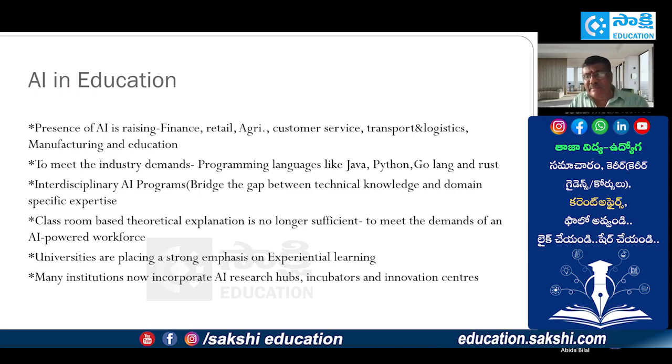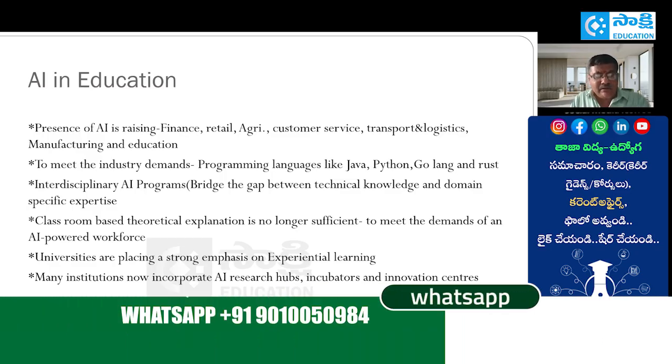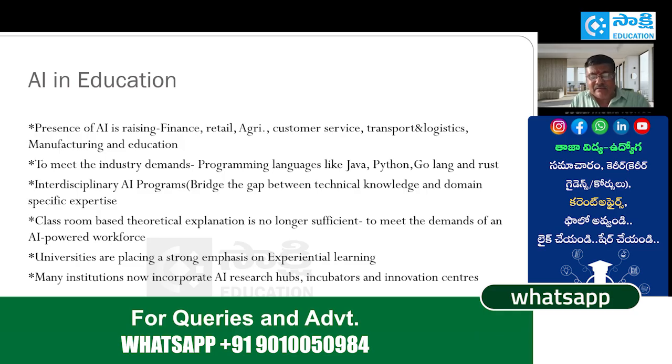To meet the industry demands, as I just mentioned, artificial intelligence is expanding into various sectors. So institutions have come up to prepare graduates who can lead in an AI-driven world. To meet the industry demands, institutes are incorporating AI modules and programming languages like Java, Python, Golang, and Rust into their syllabus.